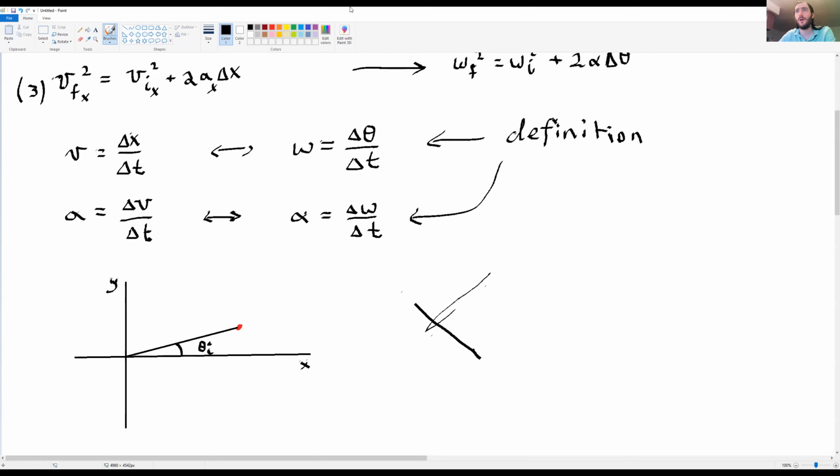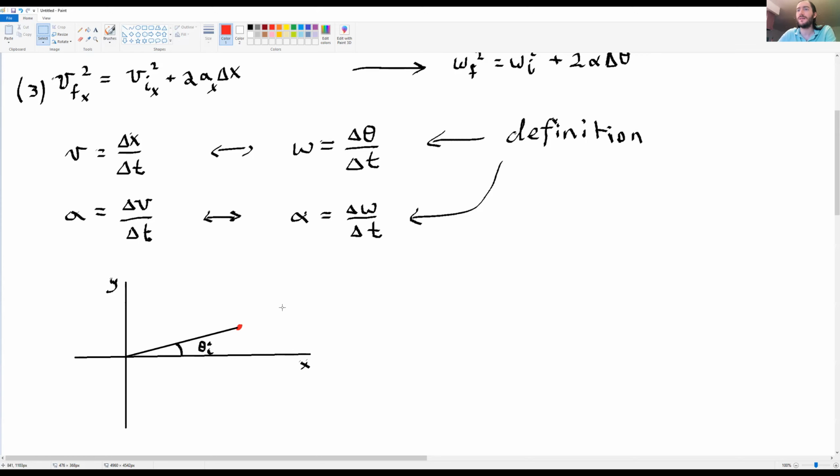numerical value. So we understand that position is arbitrary. It depends on how you define your coordinate system. What really matters is how things change, right?